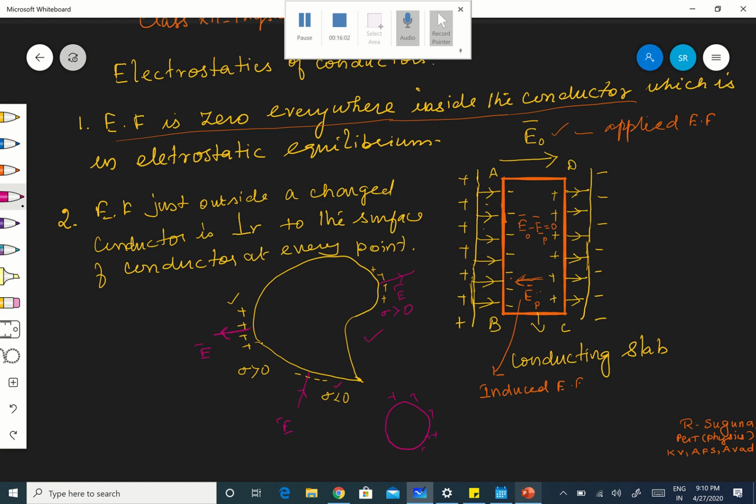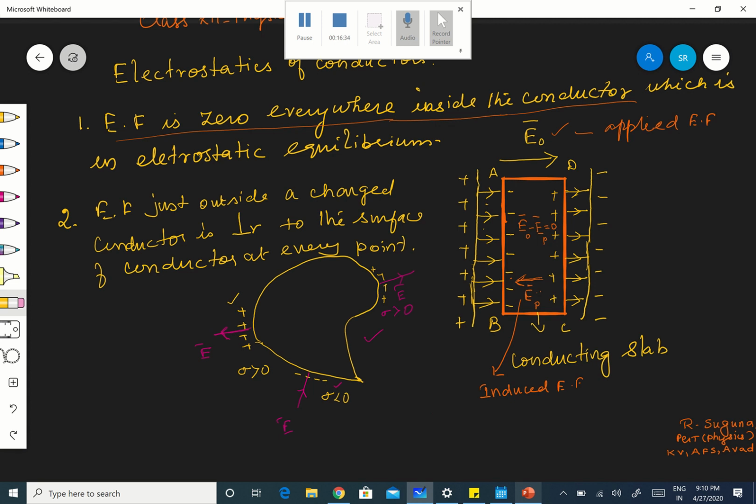But here I have deliberately taken an irregularly shaped conductor. Therefore, there is some accumulation of charge here. It is positive, and at different points it is different. Once the charges of the conductor are rearranged depending upon the shape, the flow of charge stops.